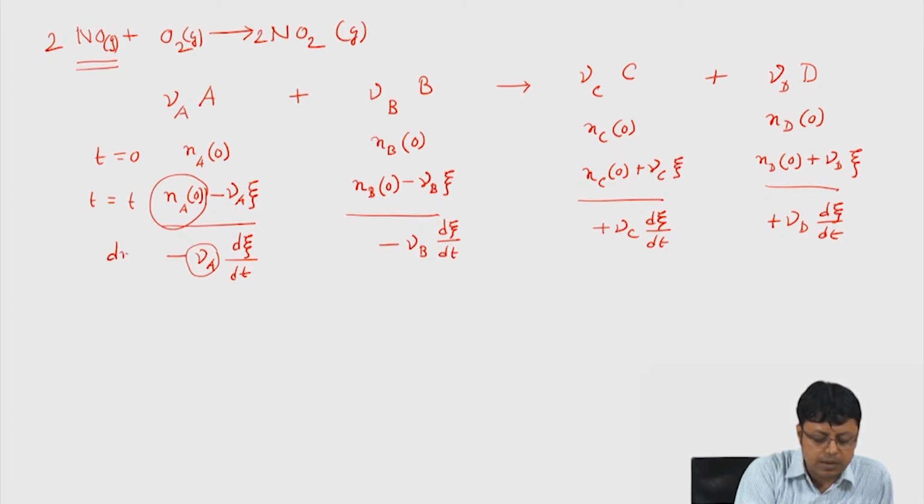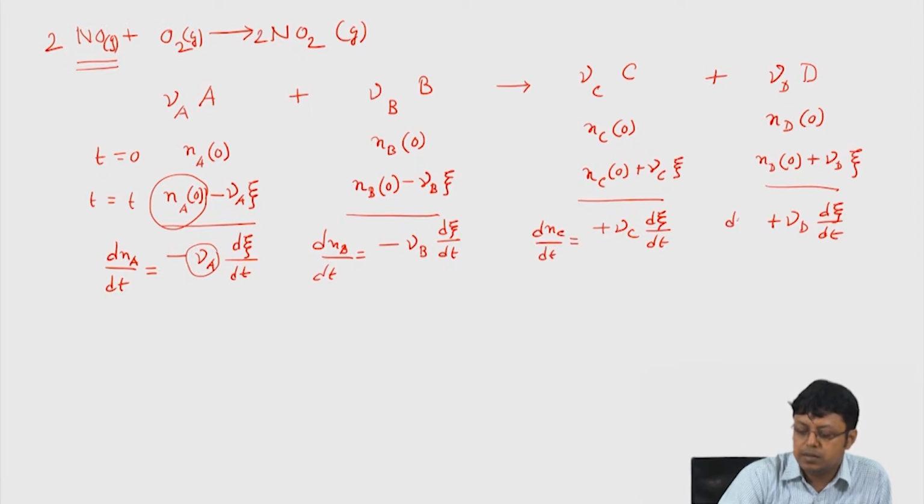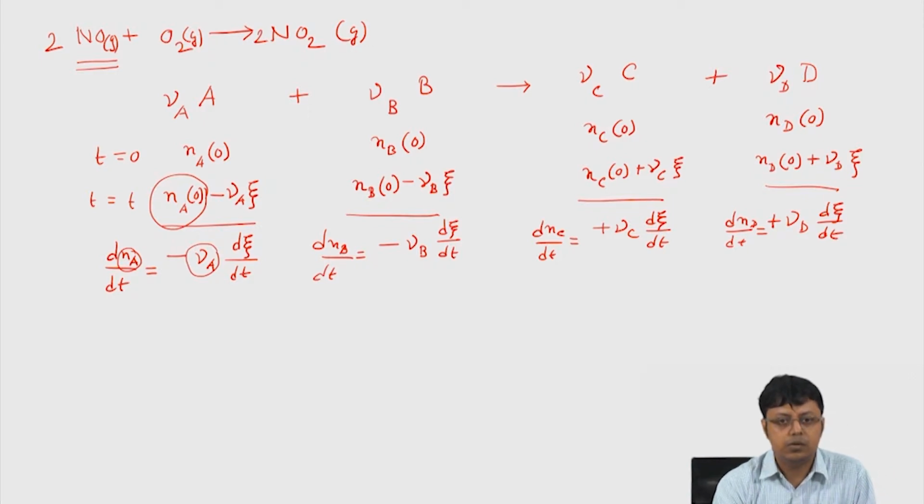So, this is nothing but the rate of change of species A, this is the rate of change of species B, this is the rate of change of species C, and this is also the rate of change of species D. Now, you see here that instead of writing it as N_A, the more relevant quantity will be to consider concentration.